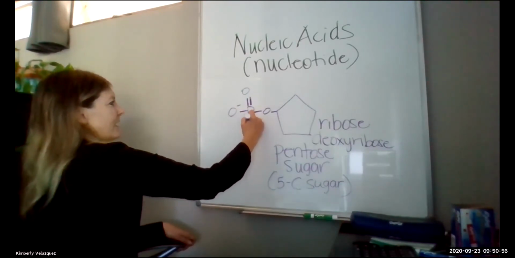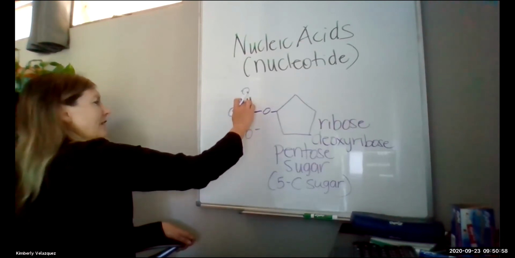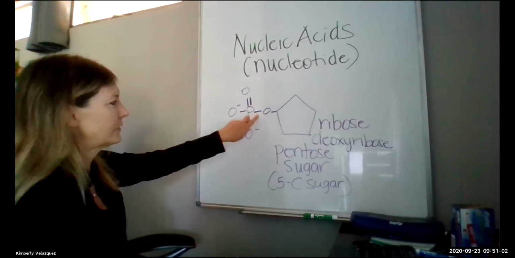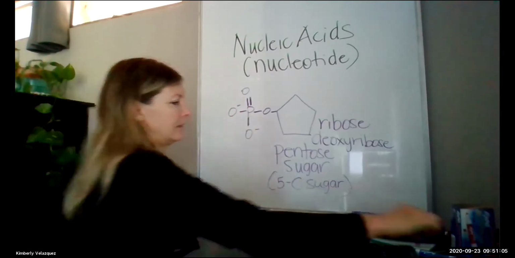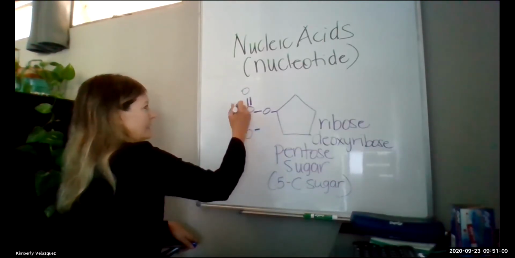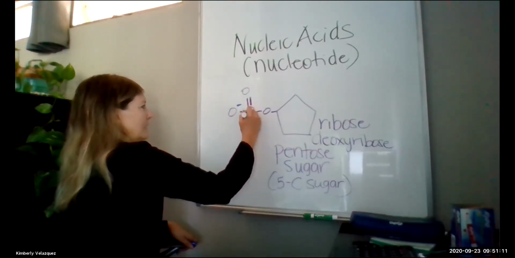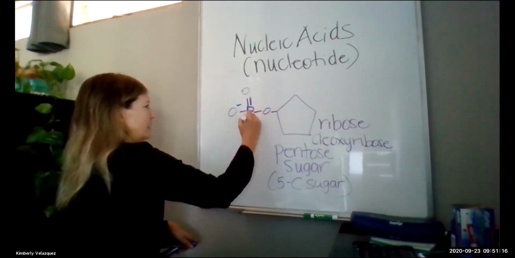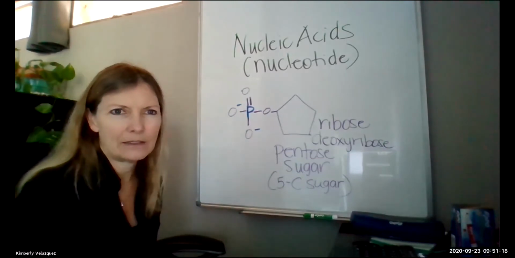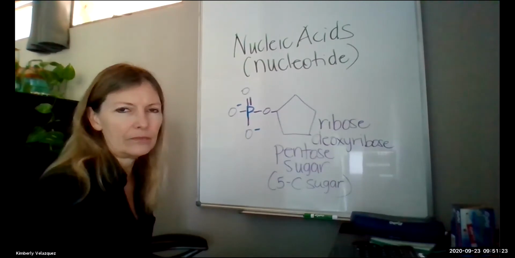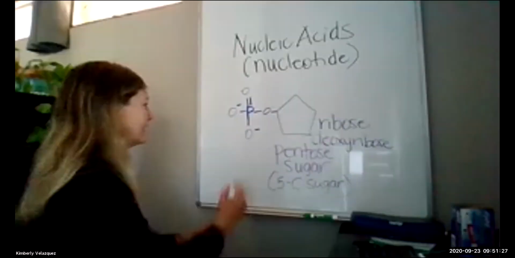Okay, so this phosphorus actually has 5 bonds. 1 double bond, single, single, single. And then these are actually negative signs, so this is the ionized form. This phosphorus in the middle is your clue to what functional group you're looking at. Does anyone remember what this one is called? A phosphate group? Exactly, this is a phosphate group.